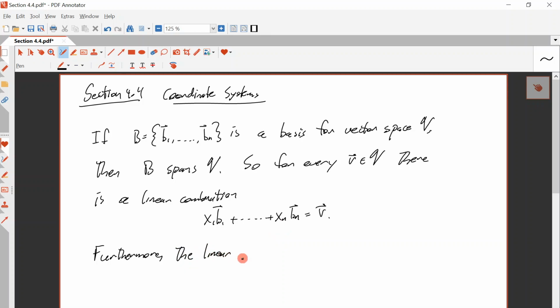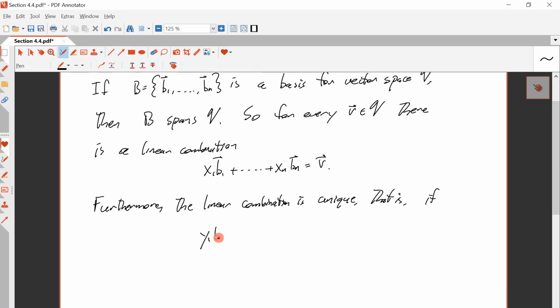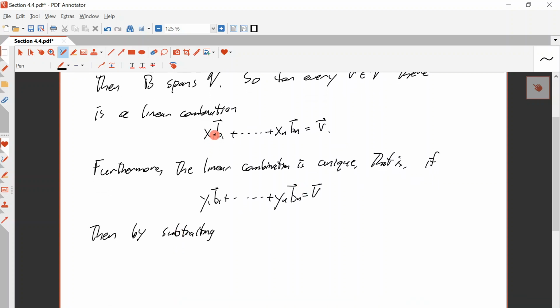The linear combination is unique. That is, if you have another linear combination y1 b1 plus ... plus yn bn that is also equal to v, then subtracting this from this, you have x1 minus y1 times b1 plus ... plus xn minus yn times bn is equal to v minus v, which is 0.